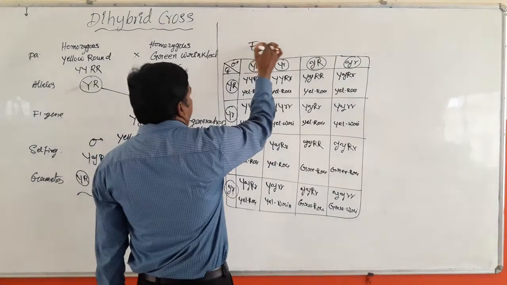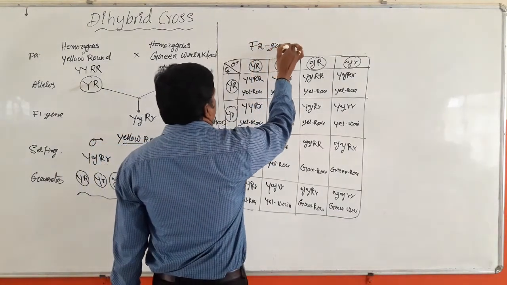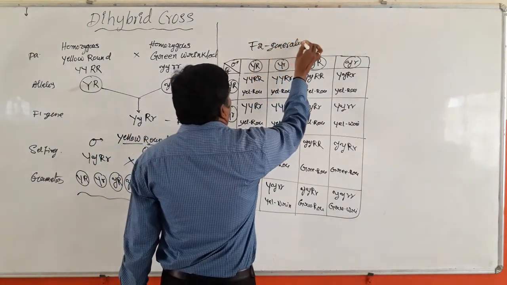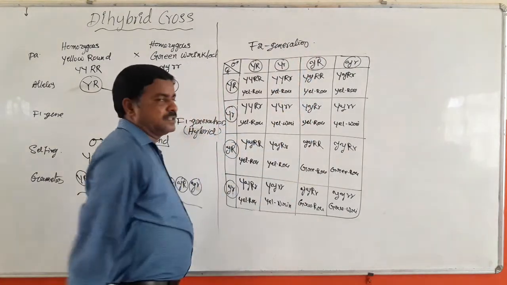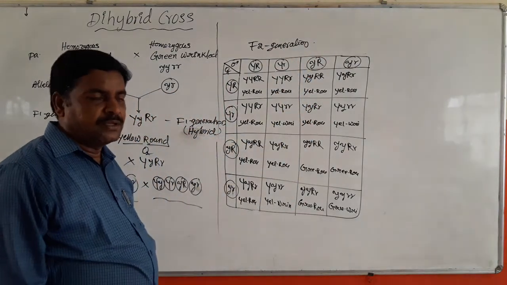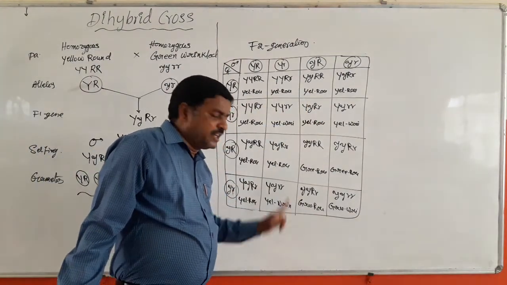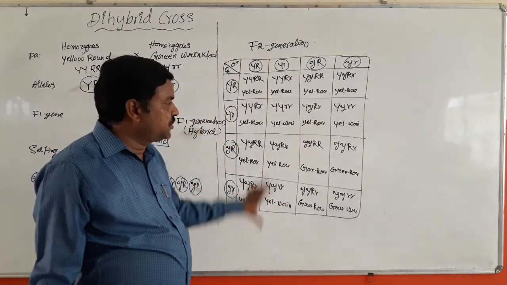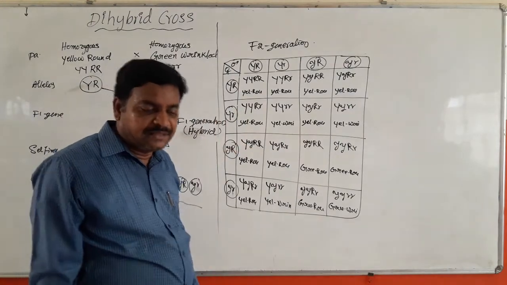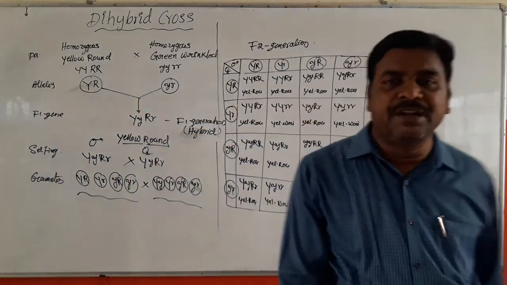This is F2 generation. Okay, students, what about the phenotypic ratio and genotypic ratio of this F2 progeny of dihybrid cross?